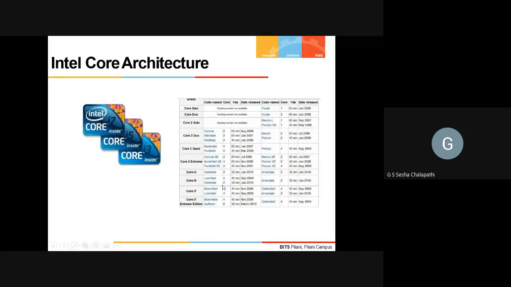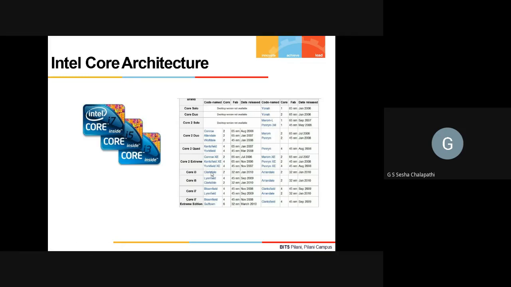Okay, so Intel Core architecture. You have different generations following up, say Core i7, i9, and the 10th generation right now.